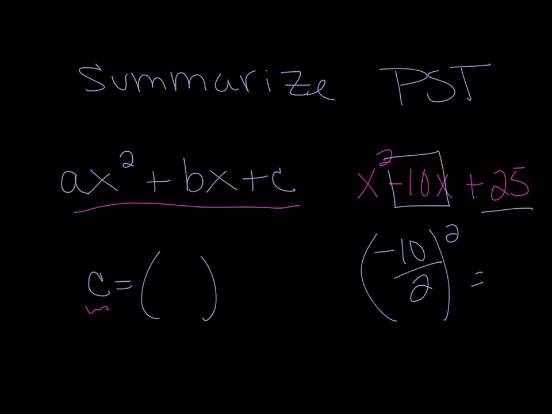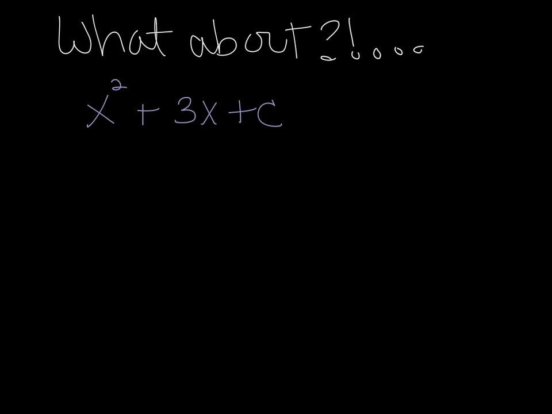So we end up with negative 5 squared, which is positive 25. That's going to work for you every single time. So to find c, you're taking b, dividing it by 2, and squaring it, and that will always give you your c value. So that would be a really good thing to write down on your paper there as you begin to work and try these problems. b divided by 2 squared.